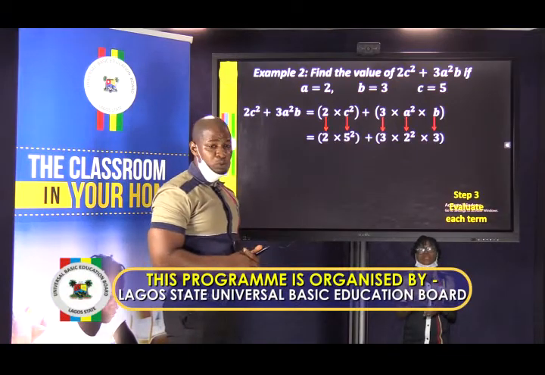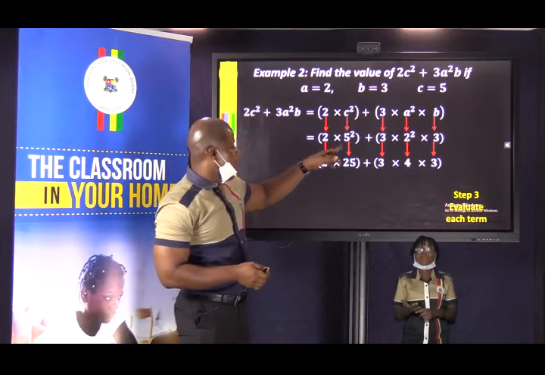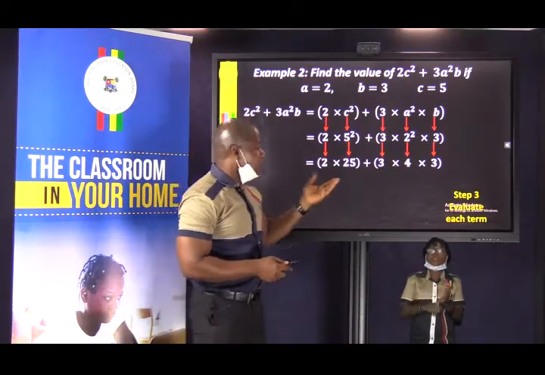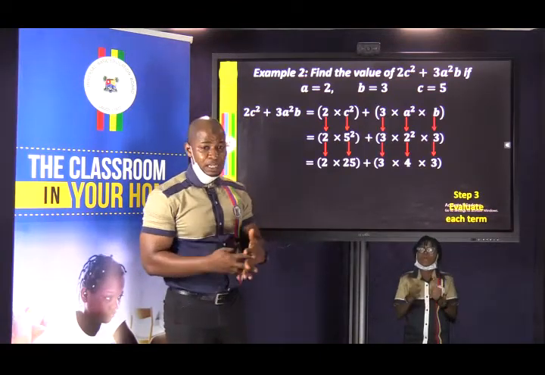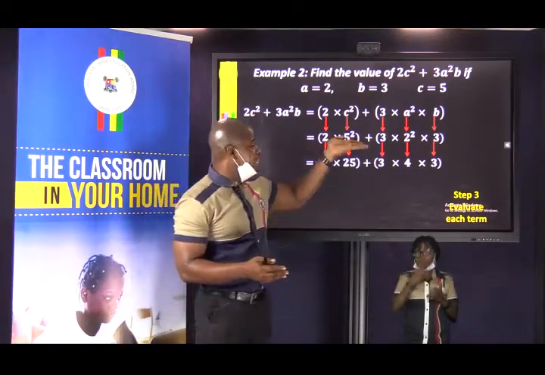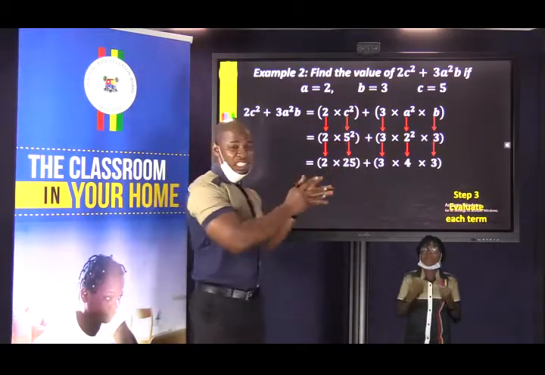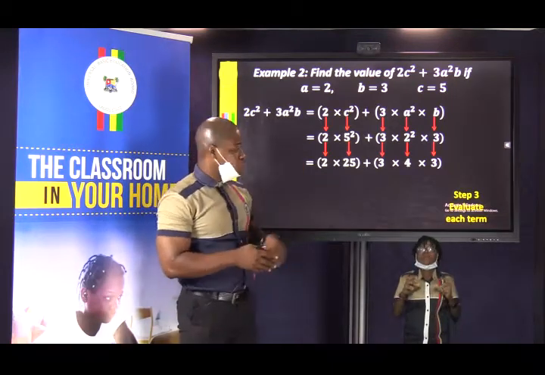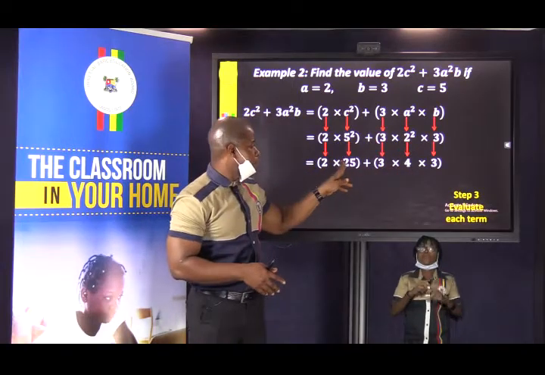The next thing for me to do will probably be to evaluate everything. Now, I start with this one because according to the rule of PEMDAS, I don't know if you're aware of PEMDAS, it means that when I have many expressions like this to evaluate, I have to solve what is in the bracket. Maybe you know it as BODMAS, the bracket first. So I have to find the answer of this bracket and the answer of this bracket before I add.